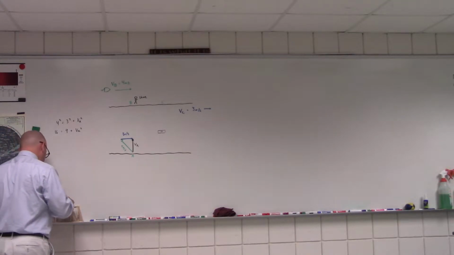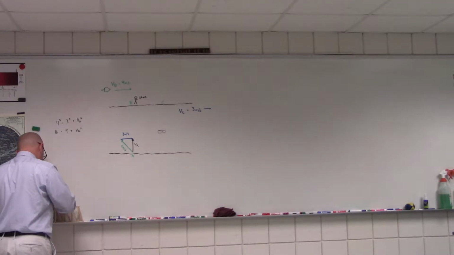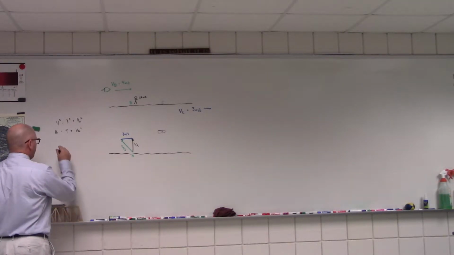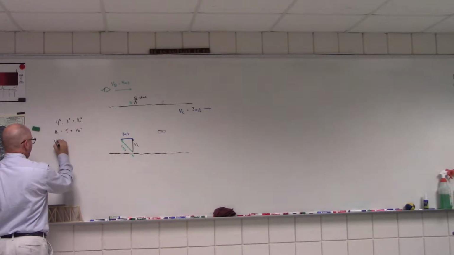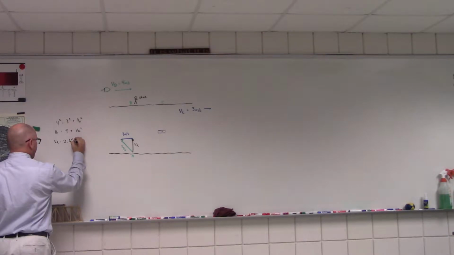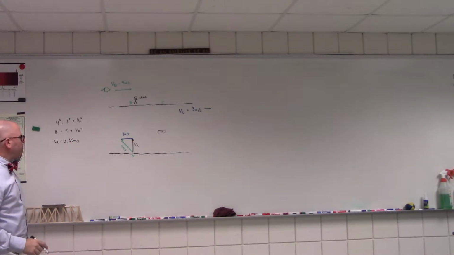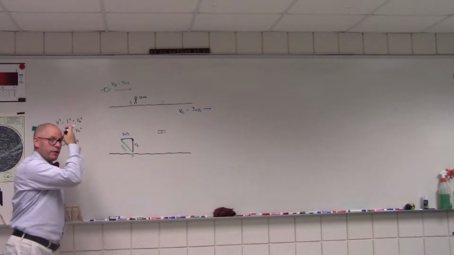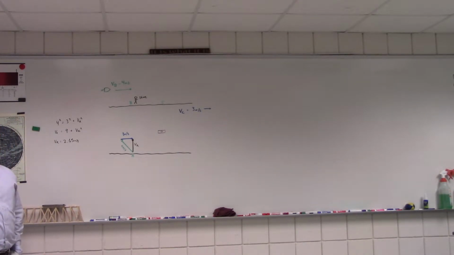Square root of 7. So it's only going about 2.65 meters per second in the across the river direction. Which to me is pretty interesting.